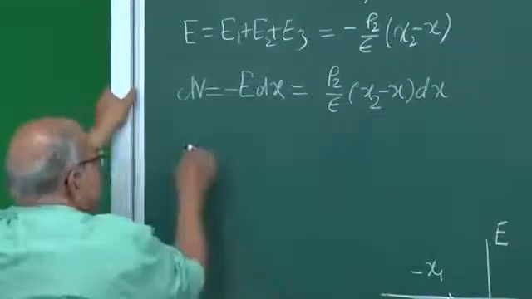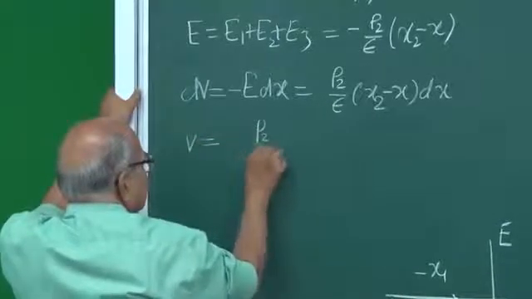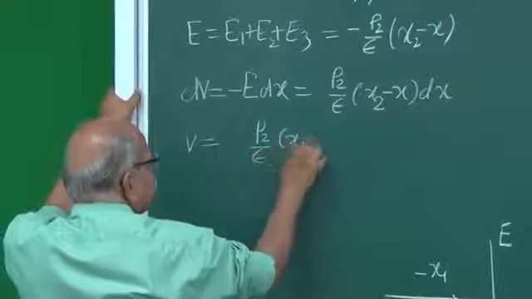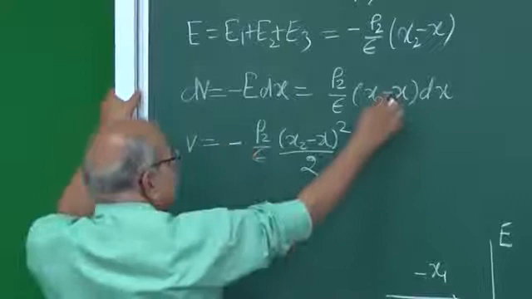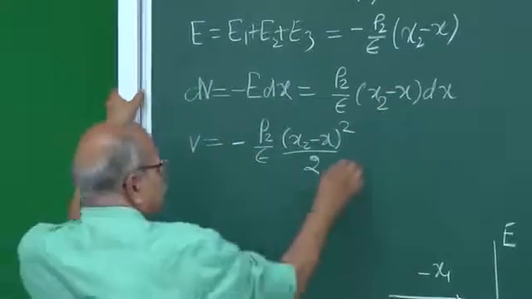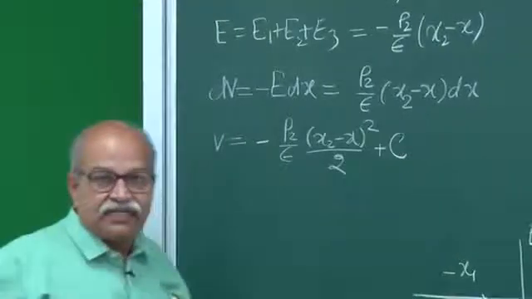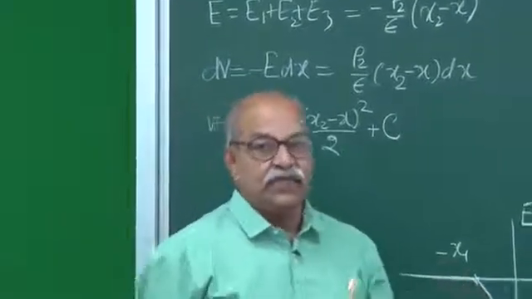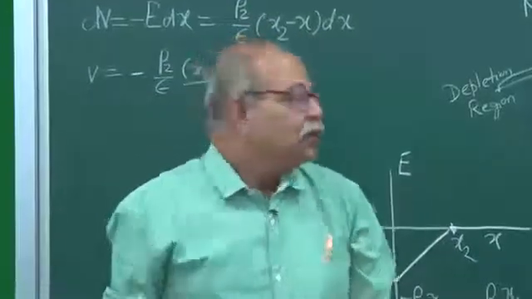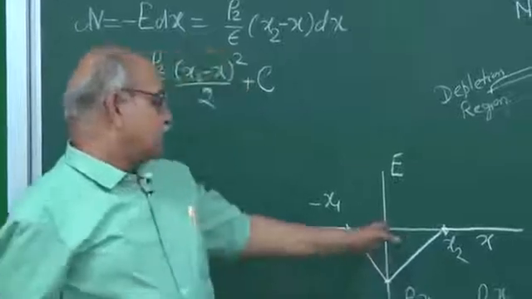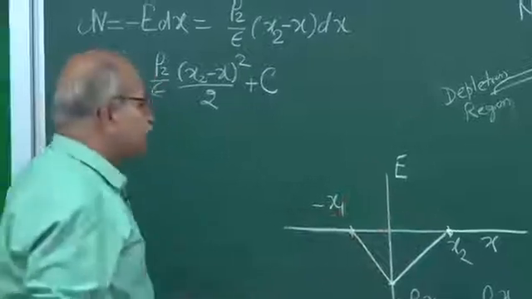If I integrate, you get V is equal to minus rho 2 over epsilon times x2 minus x whole square by 2, with a minus sign because you have the negative sign here, plus some constant. That constant can be evaluated by choosing a point for V equal to 0. We take the junction point itself, x equal to 0, as the point where V is 0. That is our choice.